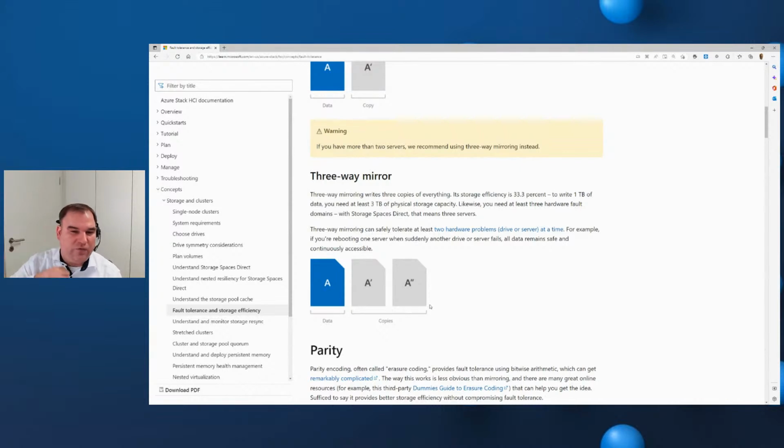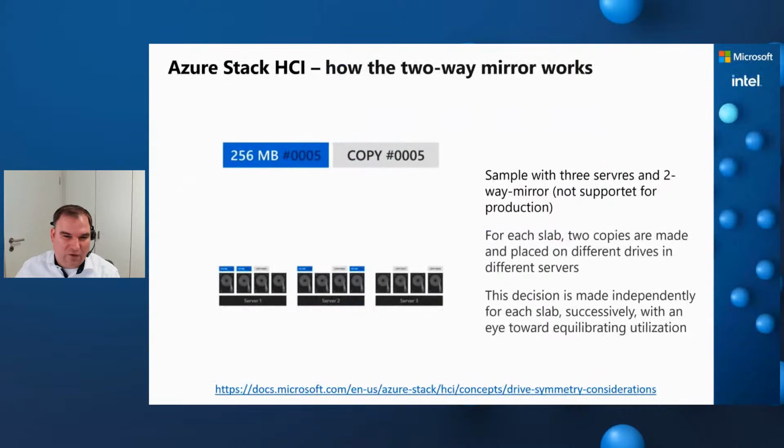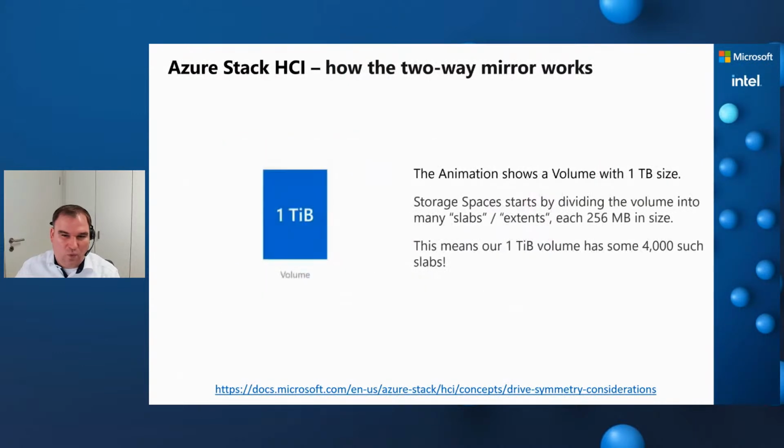We don't think about files, we don't think about drives, we think about these extents. So as we could read on the slide before, for a volume with 1 terabyte, we have something like 4,000 of these extents with a size of 256 megabytes in each of the extents.